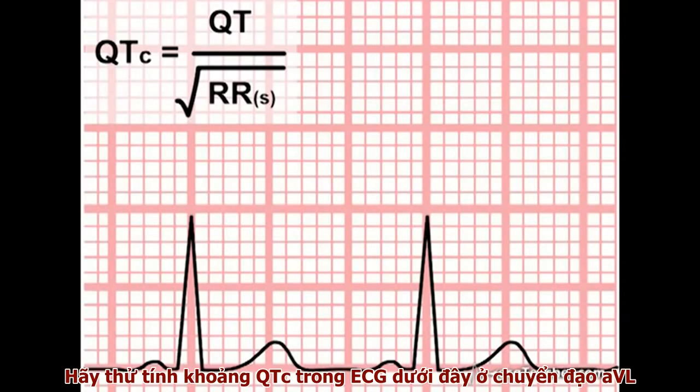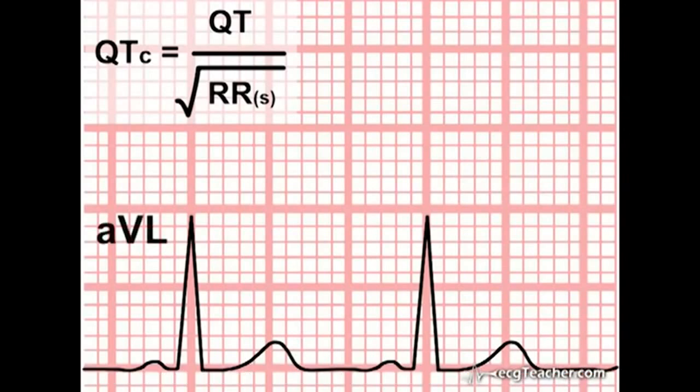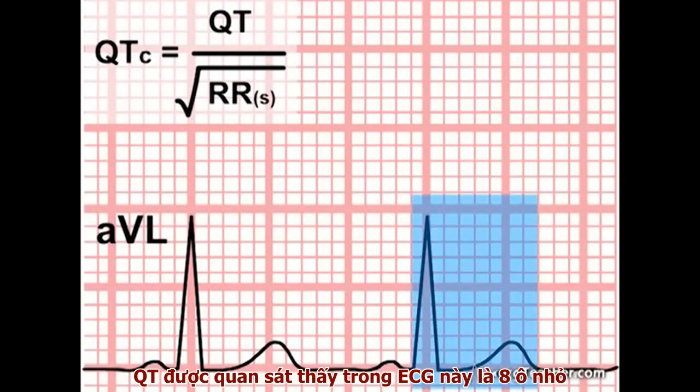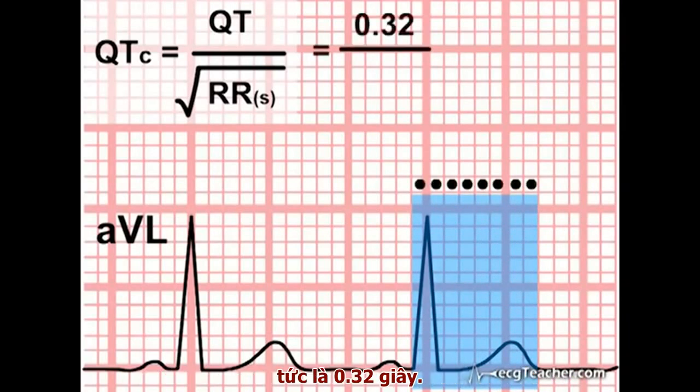Let's try and calculate the corrected QT interval on this readout from aVL. The patient is male and the heart rate is 100 beats per minute. The observed QT interval on the ECG is 8 small squares, or 0.32 seconds.